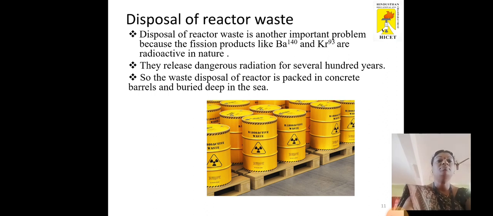The impact will be there for 100 years in the environment. So it has to be disposed of in a proper way, in sealed concrete buried deep in the sea.